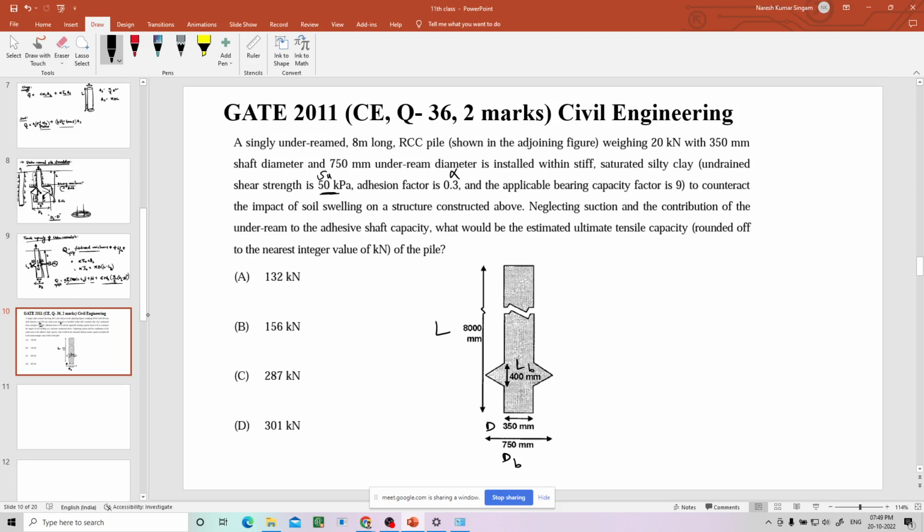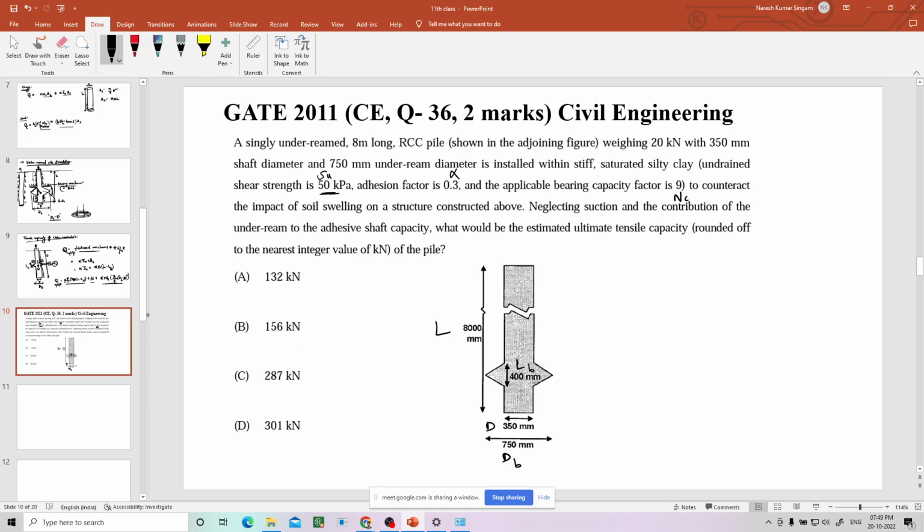Adhesion factor alpha, and the applicable bearing capacity factor NC is 9, to counteract the impact of soil swelling on the structure constructed above. Neglecting the suction and the contribution of the underream to the adhesive capacity. He is saying to neglect the suction.